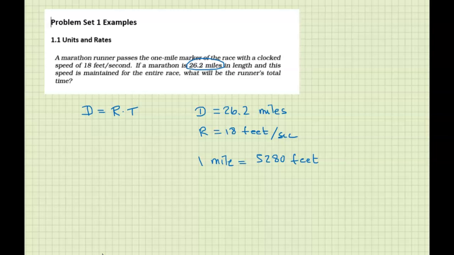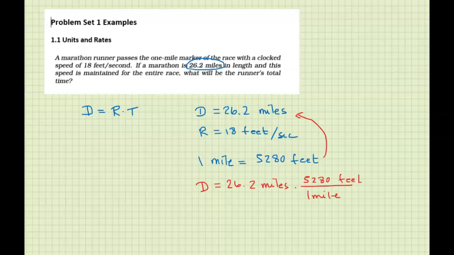Okay, so probably the easiest thing to do is to convert the distance into feet. So you're going to have the distance is 26.2 miles, and 1 mile is 5,280 feet.